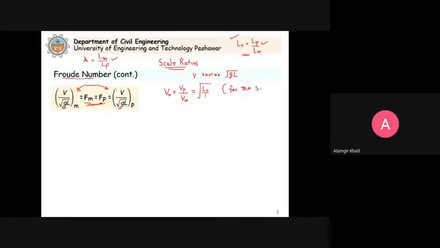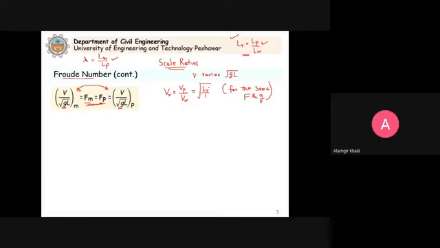Remember, this is important, this is for the same F and G. So we get this relationship. Clear? You see this Vm will come here, this Lp will go here. So this is the scale ratio.